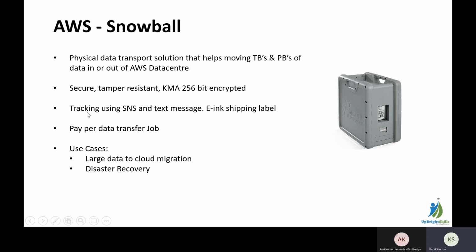You can use tracking using SNS topics, that is Simple Notification Service. You will get text messages on your cell phones. You can also check by shipping labels where it is in transit. It is pay per data transfer job, so whatever data you request for, you will have to pay for that particular data transfer.